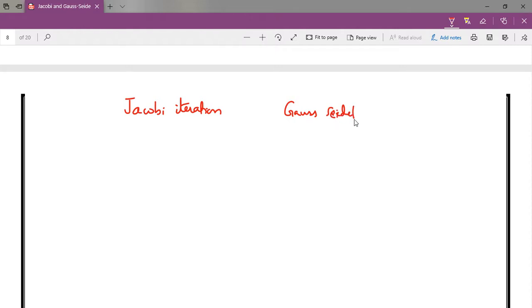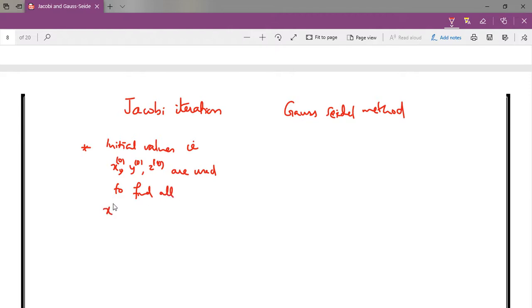Gauss-Seidel, spelled S-E-I-D-E-L. Right, so here what we do: the initial values x0, y0, z0 are used to find all x1, y1 and z1.